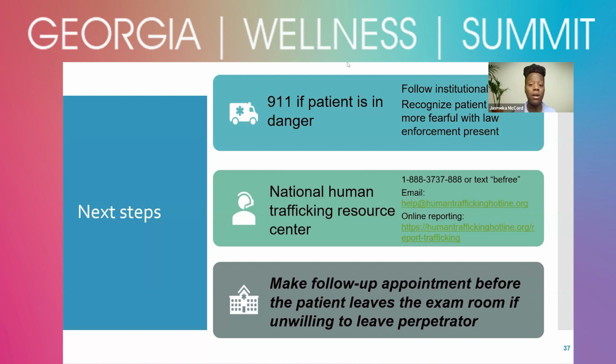Maybe they're calling you on the phone and you're working for the hotline, or maybe you get a call because someone saw a flyer and they decided to call you. You need to know to call 911 if that patient is in immediate danger, and follow whatever protocols may be at that institution that you're employed with to help facilitate that situation in a safe way.